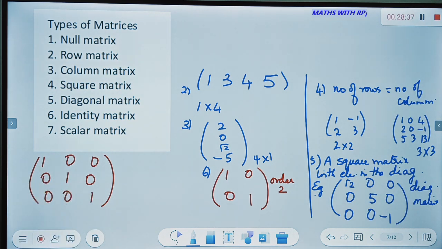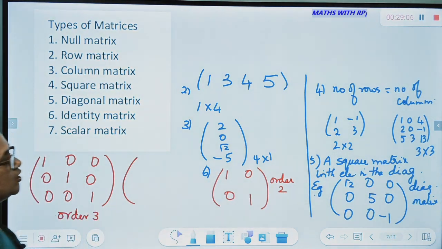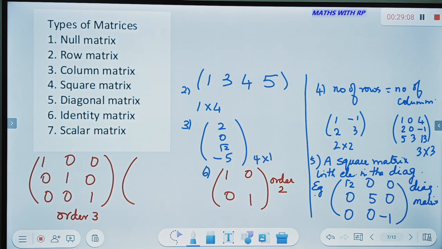This is called an identity matrix. The reason it is called identity is that it performs the role of an identity element. When we learn multiplication of matrices, you will observe that any matrix multiplied by the identity matrix gives back the original matrix. That is why it has the name identity matrix. This is an identity matrix of order 3, and this is an identity matrix of order 2.